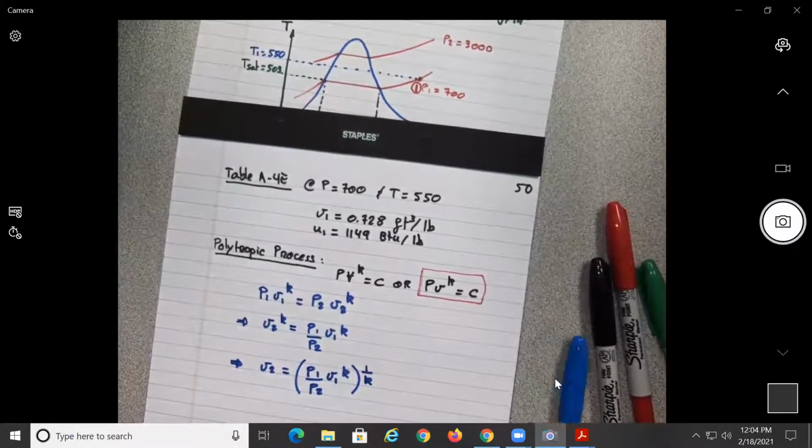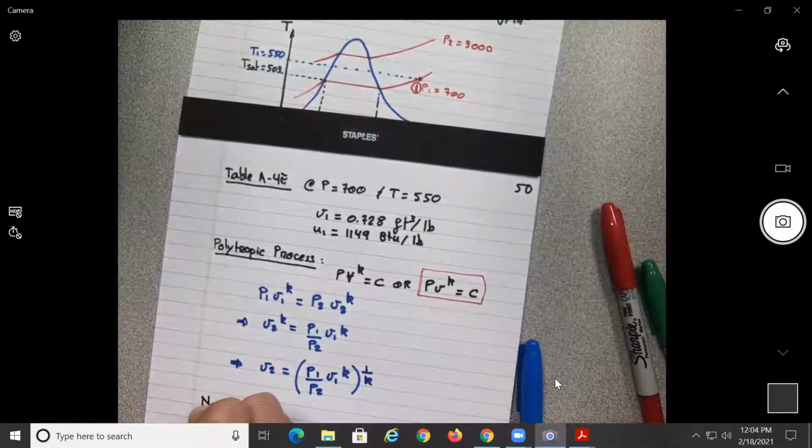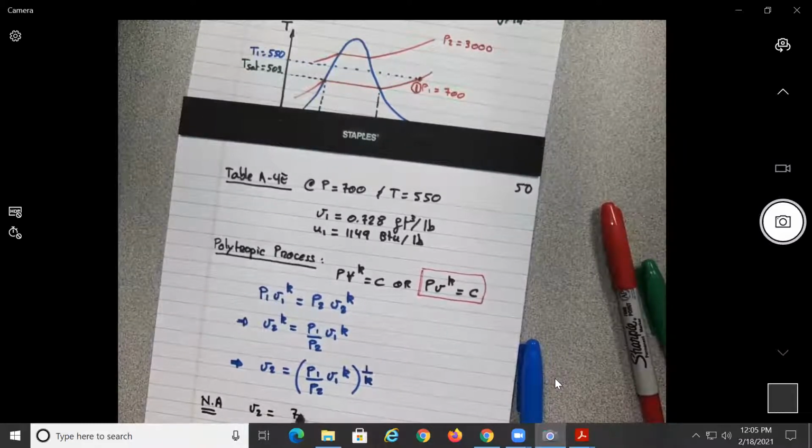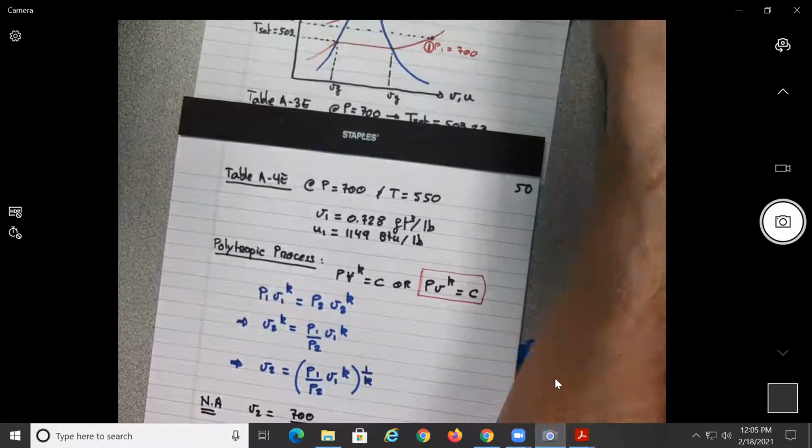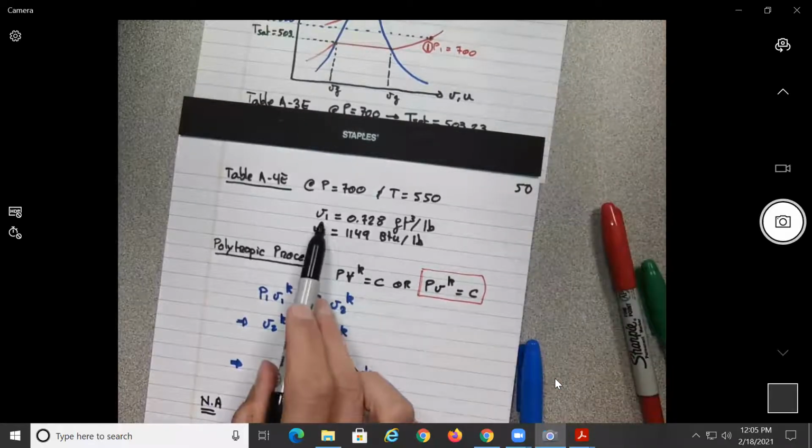So numerical application, this should give you what? v2 will be equal to what? P1 is 700 divided by 3000. v1, oh, we did not calculate the v1. Oh yeah. What would be v1? v1 is the one we got over here. Yes?